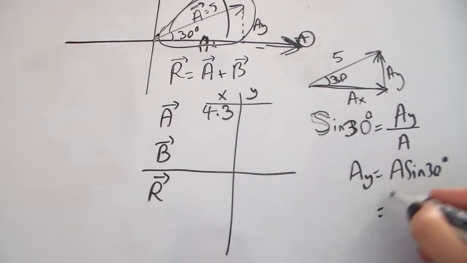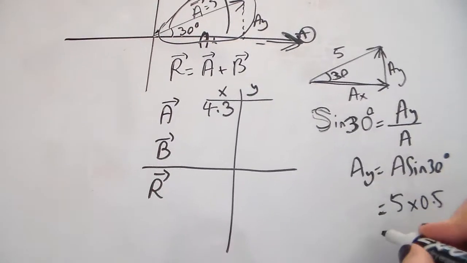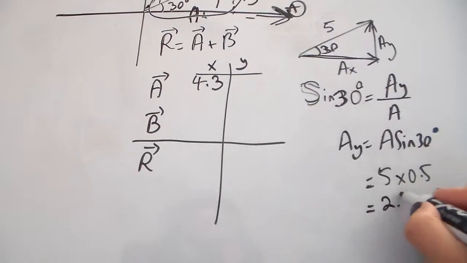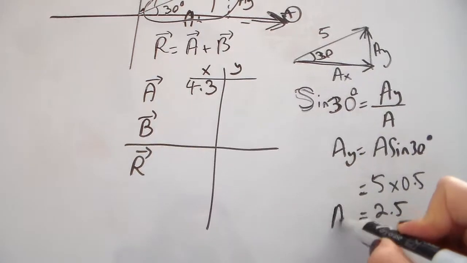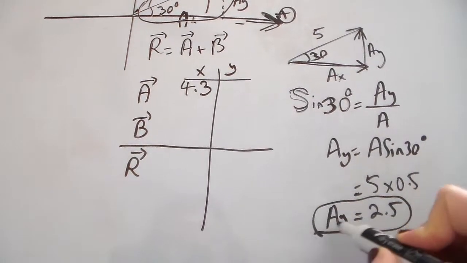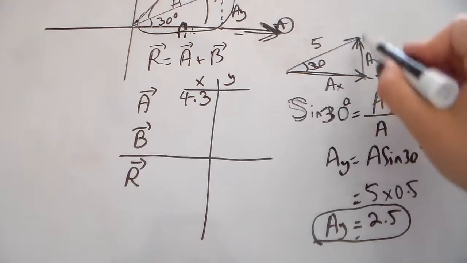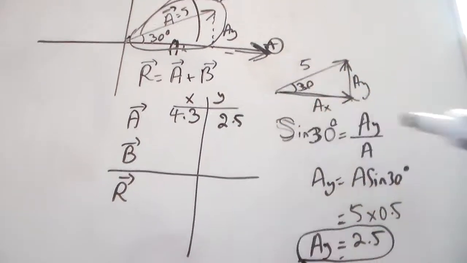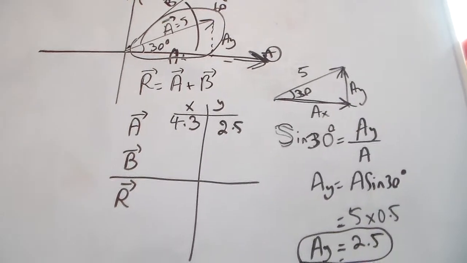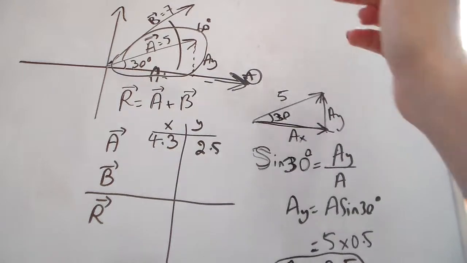A is 5, sine of 30 degrees is 0.5, and the whole thing gives me 2.5. Like I said, this is not the end of the story. We always have to check the direction of AY. AY is in the positive direction, hence 2.5 enters our column with its positive sign. All right? Do the same thing for B.